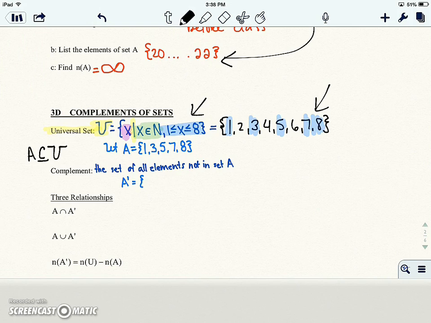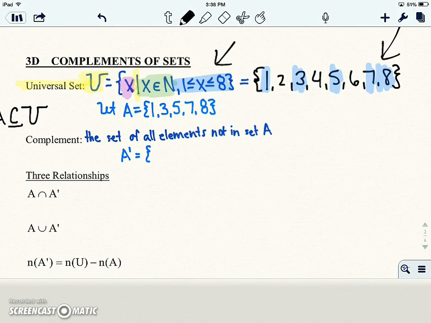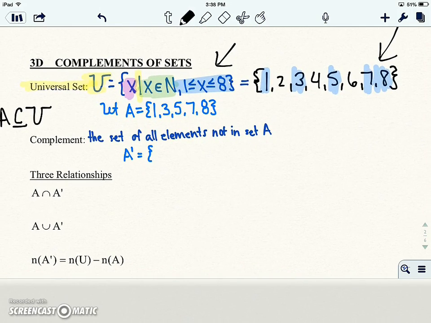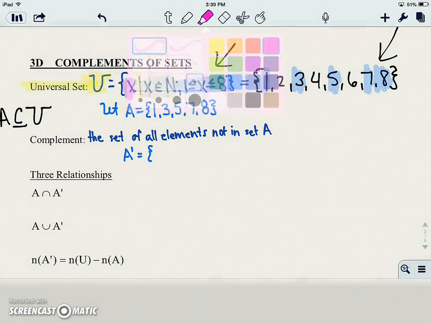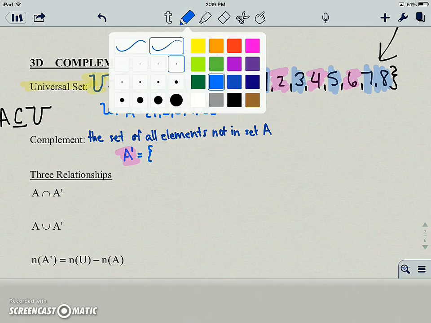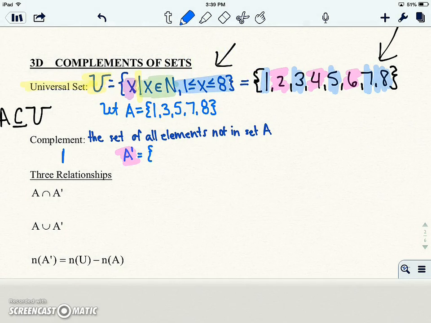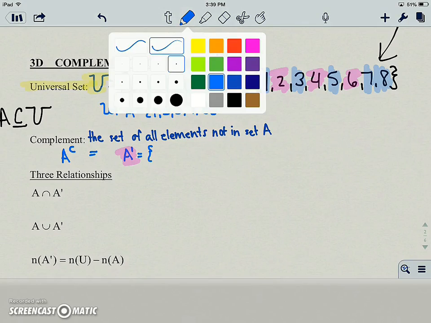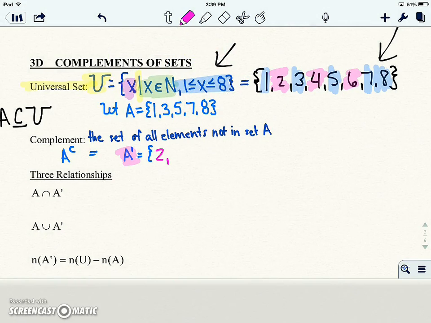And what we want to look for is the complement of A. And the definition of that is the set of all elements not in set A. So the complement would be 2, 4, and 6. So A complement, it's either given by this little tick mark, or you might see it like this, A complement. And that is going to be the numbers 2, 4, and 6.